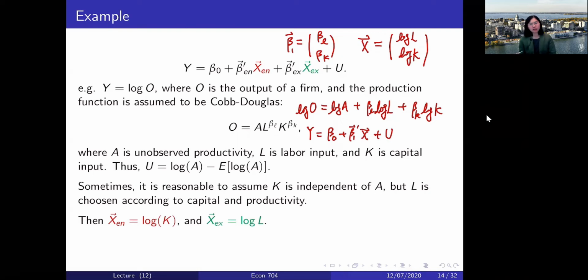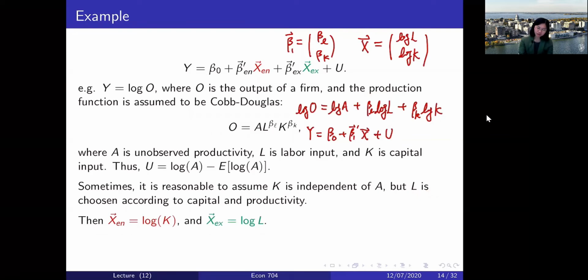Depending on the timing of the labor input decision and capital input decision of the firm, it is sometimes reasonable to assume that K is independent of A. So capital stock is determined before the productivity shock is realized for this period. But L is chosen according to the capital stock and the productivity. So L is not independent of A.